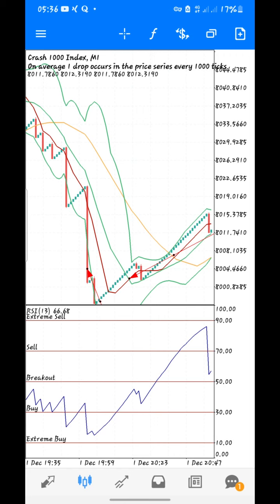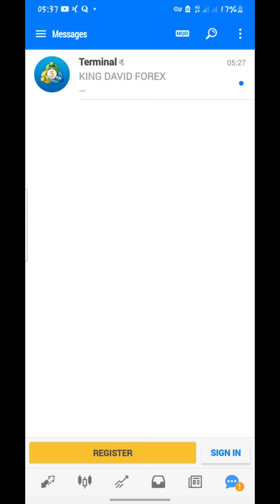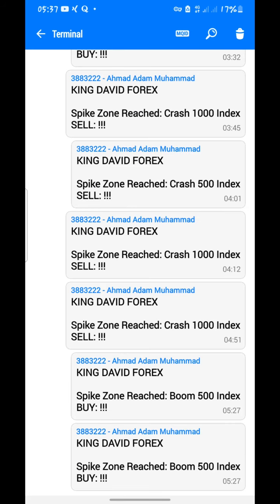And remember, guys, we published a robot earlier, a mobile robot that trades spikes, so you guys can actually remember. The robot is still working. It's very, very effective. This robot only indicates, so an example of the robot is here. It gives you signals when the spike zone has been reached.